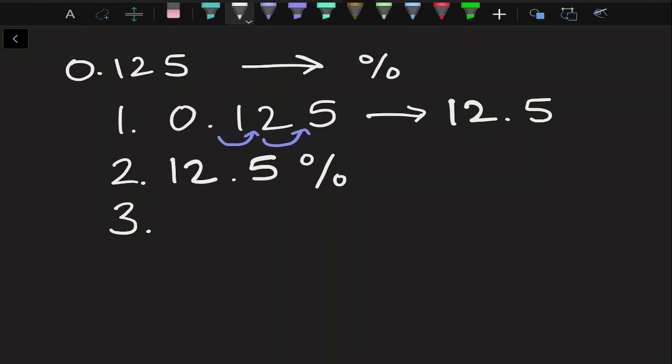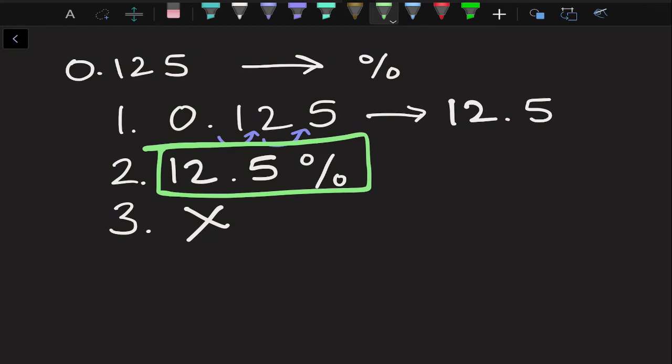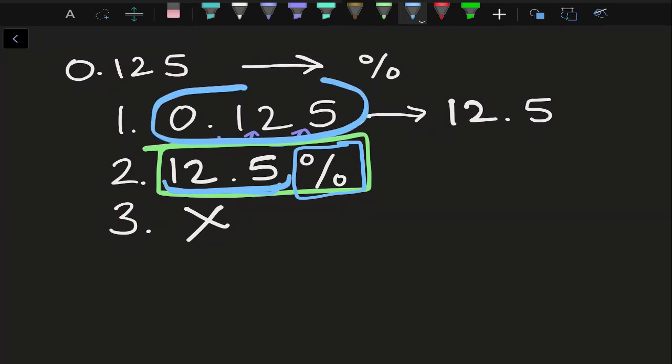And the third step is to add any zeros. We don't have any zeros to add, so our final answer is 12.5%. Again, don't forget to add in this percentage sign. Without that, 12.5, 12.5 what? This is 12.5%. That's the only way that it makes sense to take this decimal number and make it look like 12.5. So we need to make sure that we're including that percent sign.